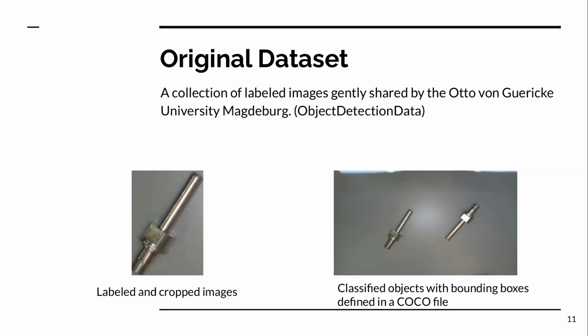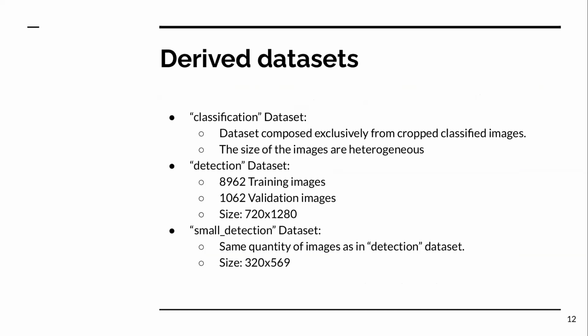So based on these two different datasets, which at the end are the same, but one has only images that are labeled, separated and cropped, and the other has raw images with labels and bounding boxes, we created 3 derived datasets.